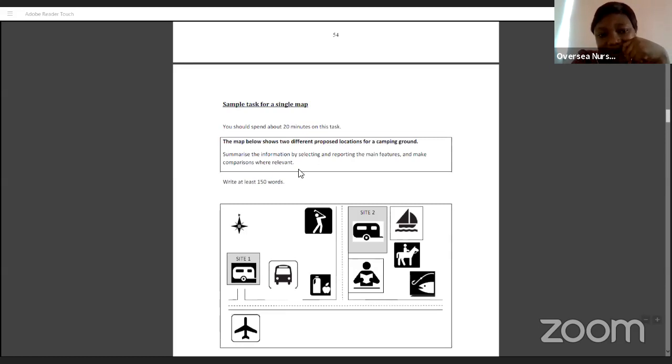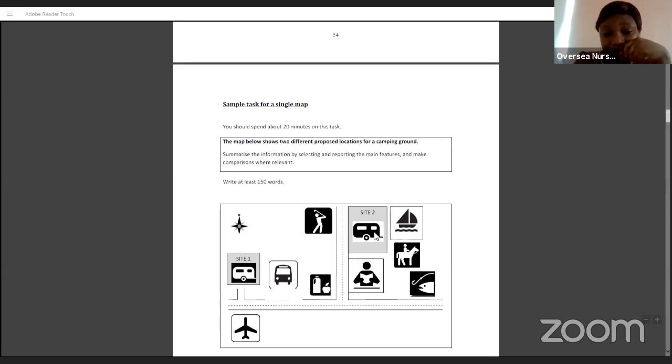Now, the given diagram illustrates two different sites suggested for camping. Overall, site 1 is smaller in size than site 2.